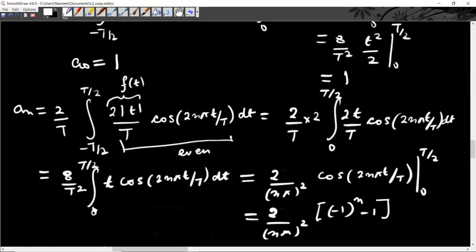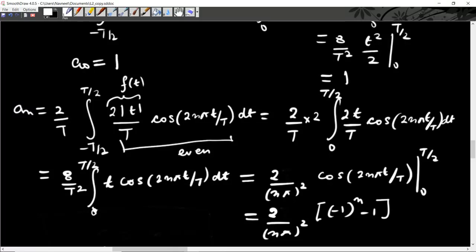So you can work out this integral. I'm skipping some steps. What you can show is that this integral simplifies to this. What you will have to do is integration by parts.